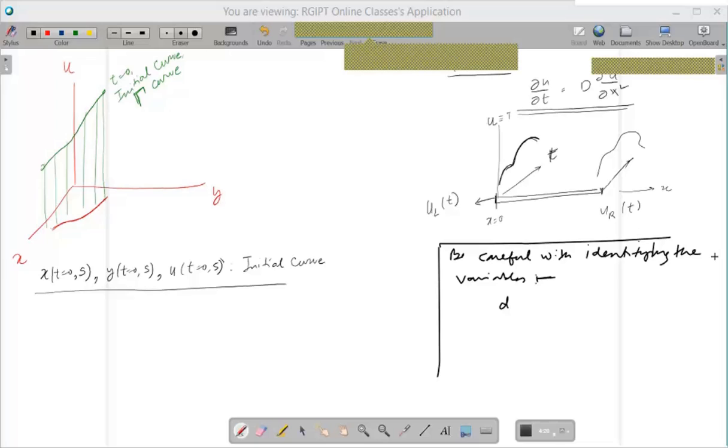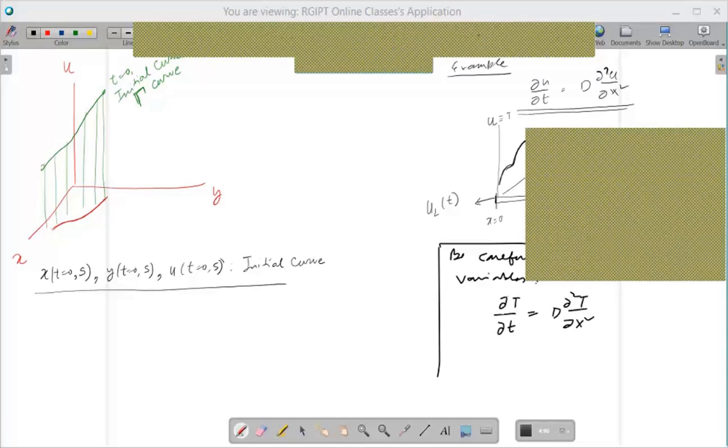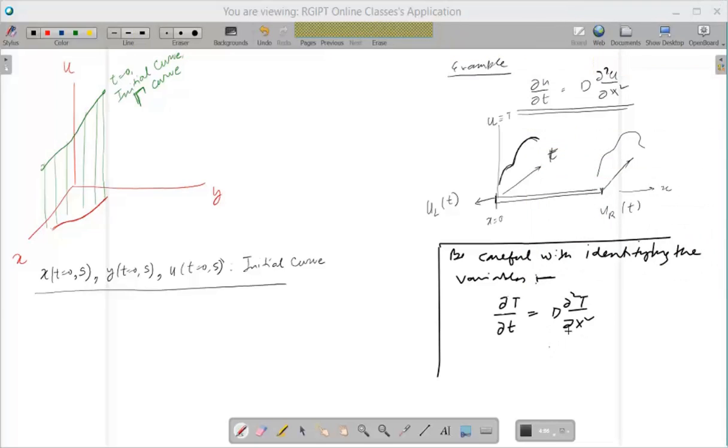All right. So let's say I have a diffusion equation which looks like dU/dt equals to the Laplacian of U. Now here, if I identify, x is the same as x, and y I can identify with t.